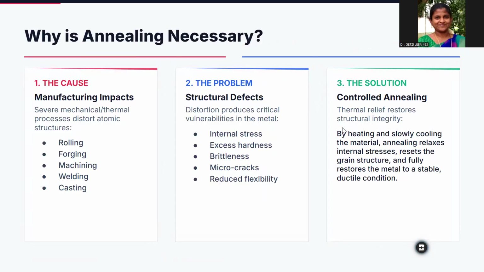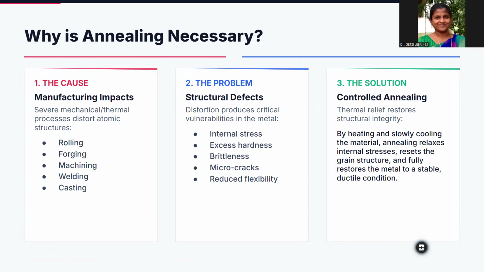Why do we actually need annealing? In order to overcome manufacturing defects, because manufacturing processes like rolling, forging, welding, and casting leave some distorted atomic structures. In order to avoid that, we use annealing.